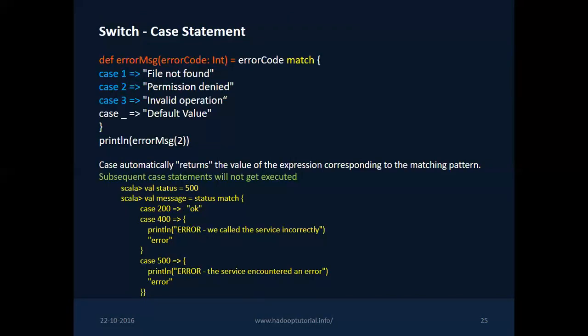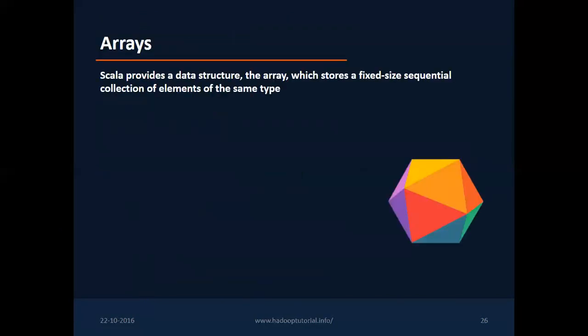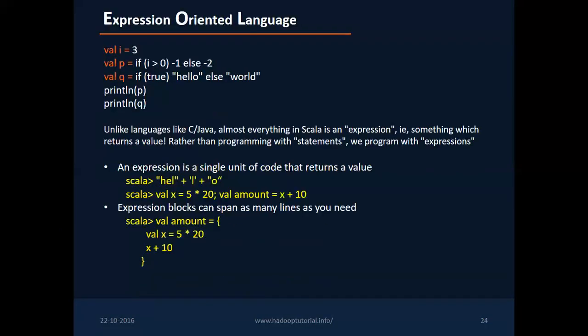And Scala is an expression-oriented language. Everything is not, but at least you can assign expressions also to variables. Okay. So val i equal to 3 is something natural that you have seen already.